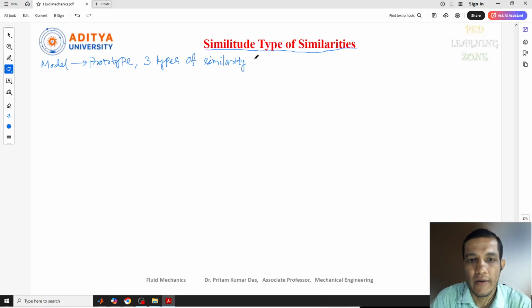Three types of similarity. First one, as I told you, is geometrical similarity, the second one is kinematic, and the third one is dynamic.